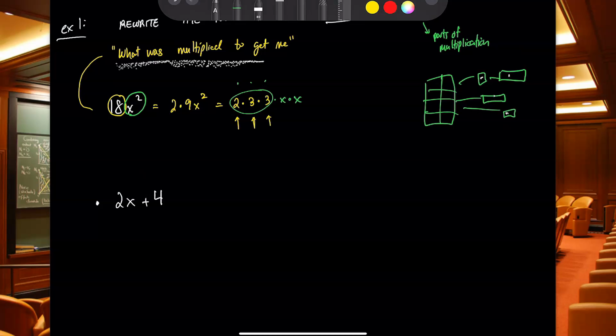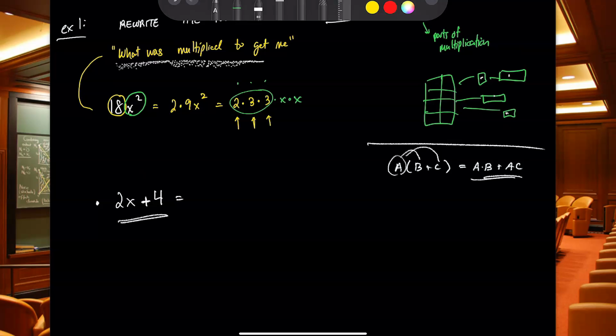Well, since we have this plus, we have to assume that this came from something distributing over addition. Remember that property of a times (b plus c) equals a times b plus a times c. We distribute that factor in. This must be the result of that. That's the only way we could multiply something together and still have addition in the middle of two terms.